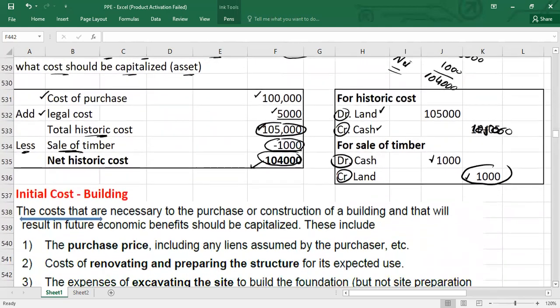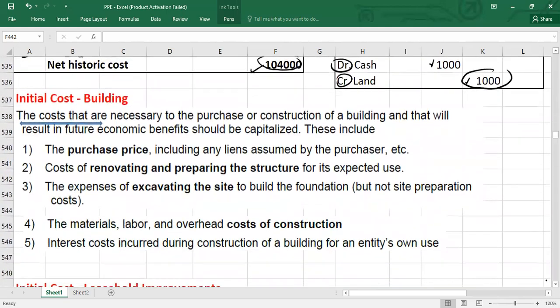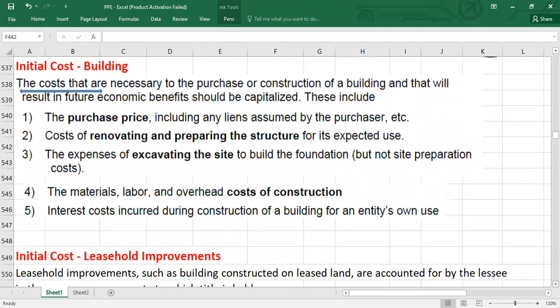Then we have the initial capitalization issue for the building. Please remember, whatever cost you incur to acquire the building should be capitalized, and those costs might include the purchase price, including any tax liens. It might also include the cost of renovating and preparing the structure for the expected use, so this cost also should be capitalized.